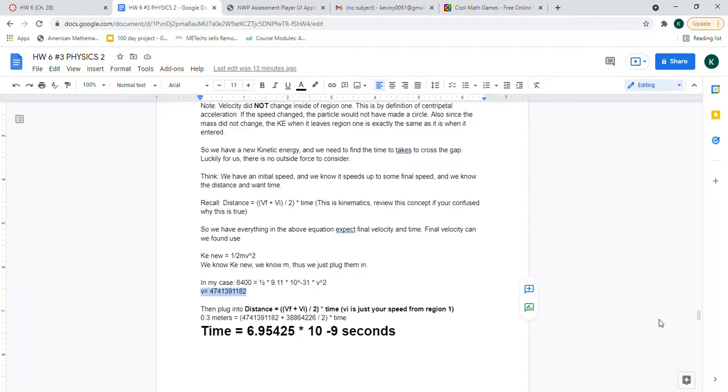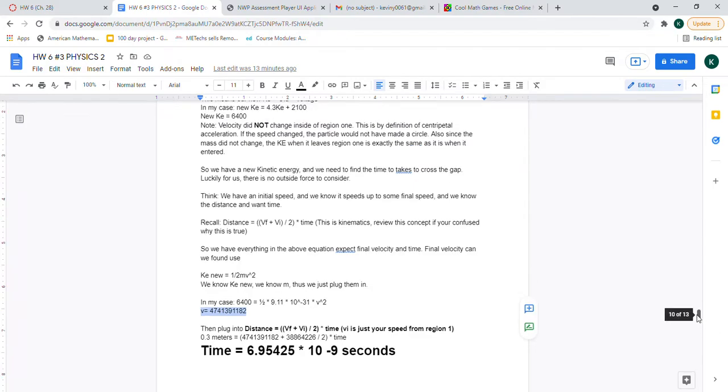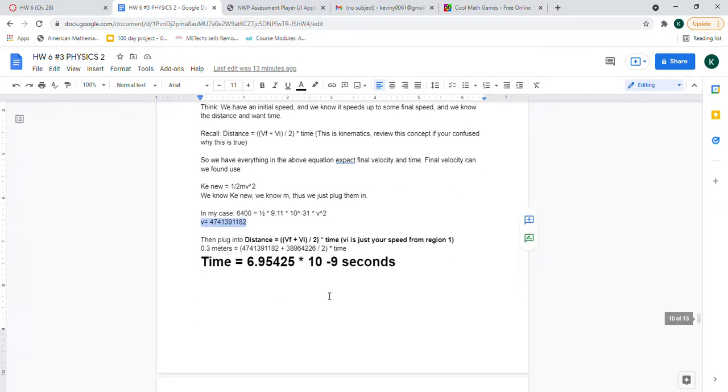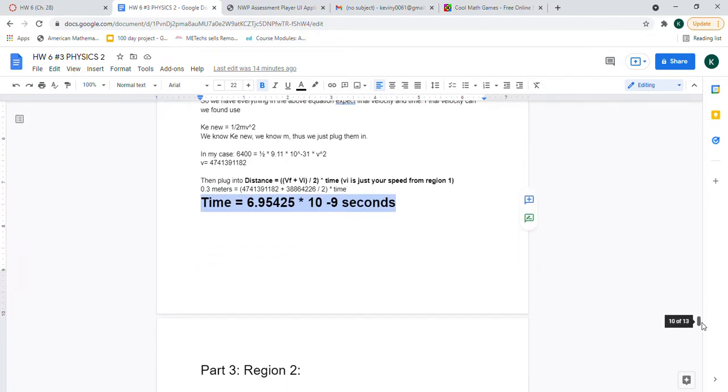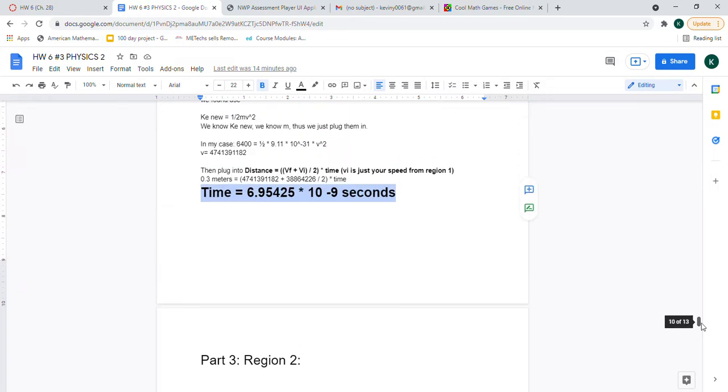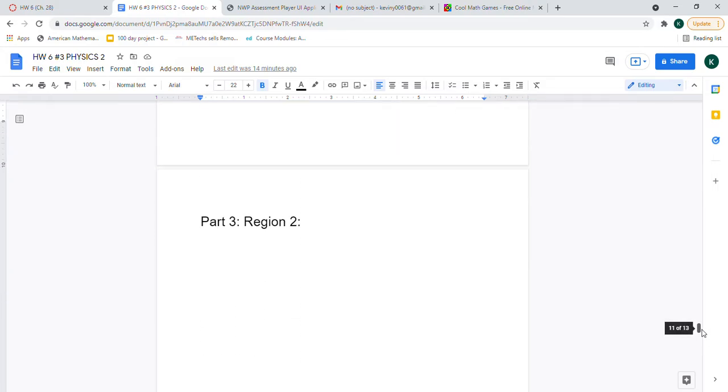So this is my new velocity. We can take that new velocity, add it to our old one, divided by 2, and figure out what our time is. So this is our time across the gap. This should be your biggest number. At least it was for mine. Maybe your numbers are super different, but moving on.